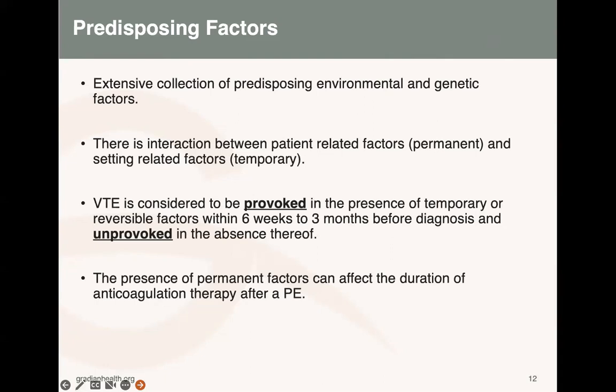This venous thromboembolism is considered to be provoked if there is presence of temporary or reversible factors within 3 to 6 months before diagnosis. But if there are no reversible factors, it's called unprovoked. The presence of permanent factors can affect the duration of anticoagulation therapy after the pulmonary embolism. So you need to know the risk factors because they will also affect the management.